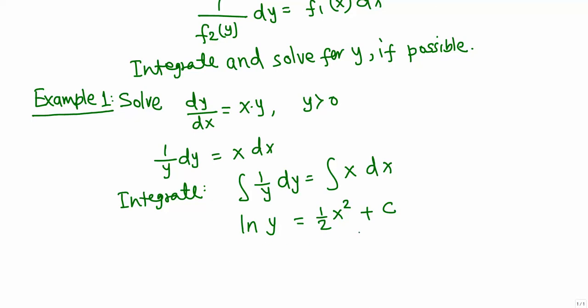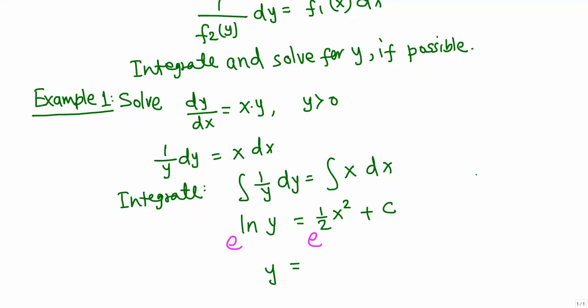Now it looks like we can solve for y, so let's exponentiate both sides. That means e raised to the left hand side equals e raised to the right hand side. The e and natural log cancel, so y equals e raised to that, plus e raised to c.